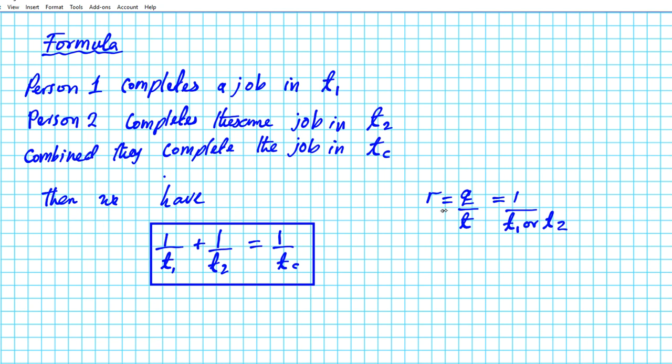Working together, you simply add their rates, rate 1 plus rate 2, to get their combined rate. So this equation is actually the sum of the rates of person 1 and person 2 and their combined rate.